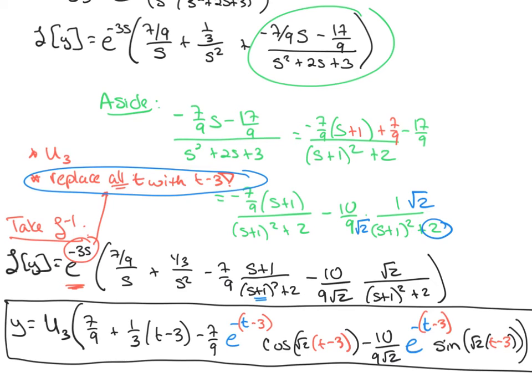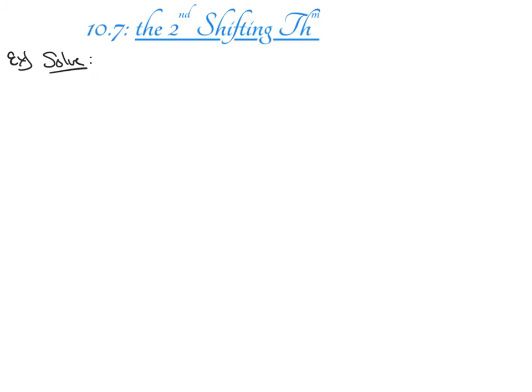Okay, let's try one more of these. Okay, so we're going to solve y double prime minus y prime plus 2y equals f of t, where y of 0 is 0, but I really want to do one where one of them is not, so y prime of 0 we'll say is 1.